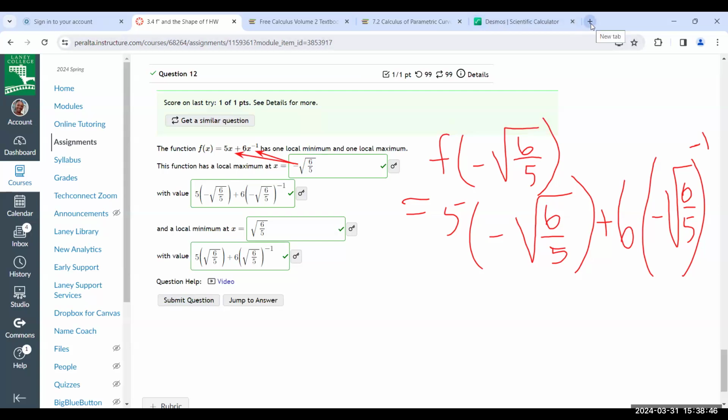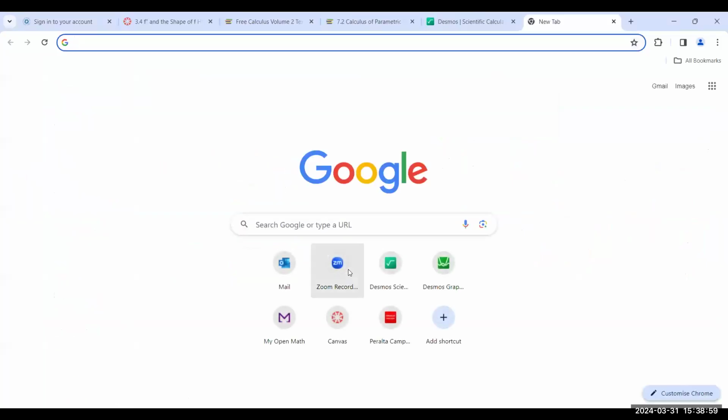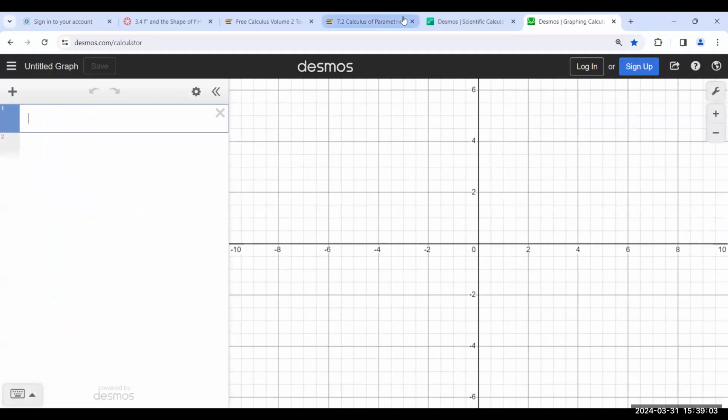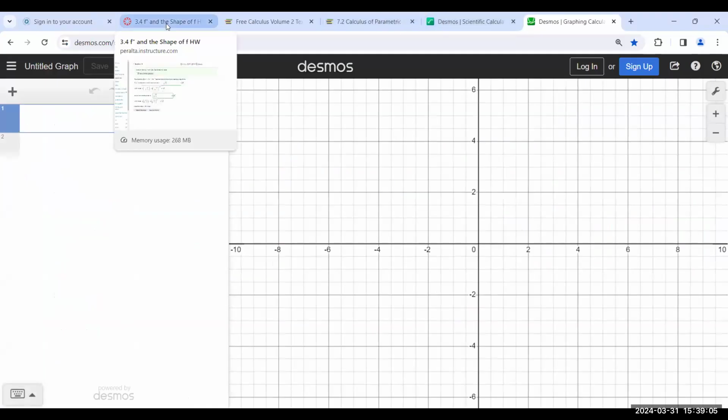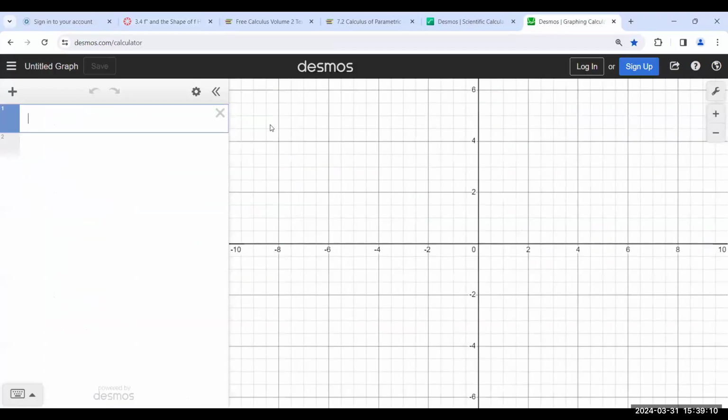Let's just graph this so you get a picture of what's going on. And then this will be the last video, I promise, for section 3.4. So we're going to graph the function y equals 5x plus 6x to the negative 1, which is the same thing as 6 over x.